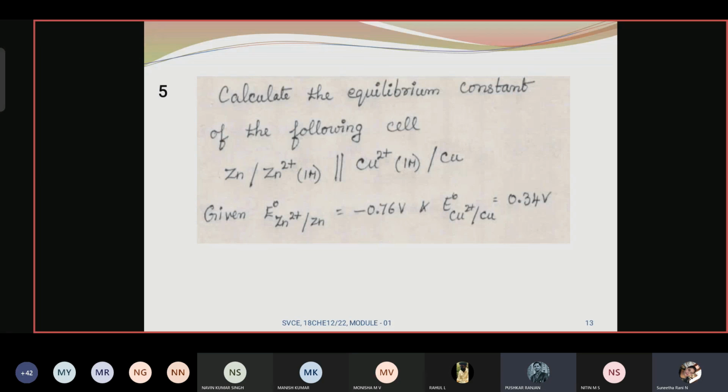First, you have to find E naught cell, the EMF of the cell, which is E of cathode minus E of anode. So 0.34 minus of minus 0.76, you will get 1.1 volts.